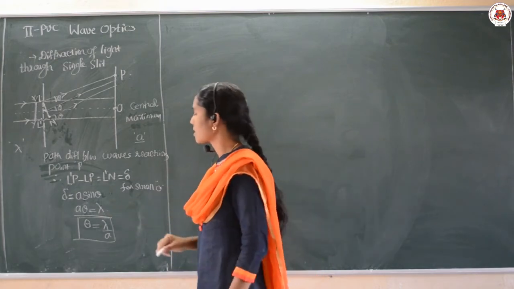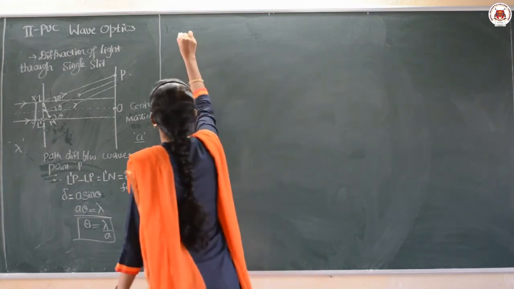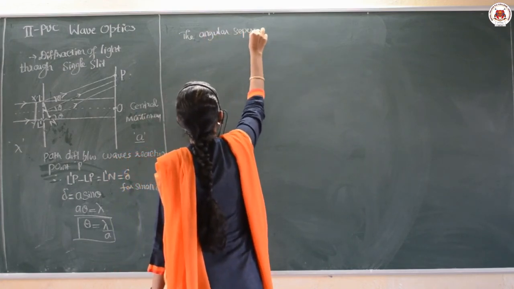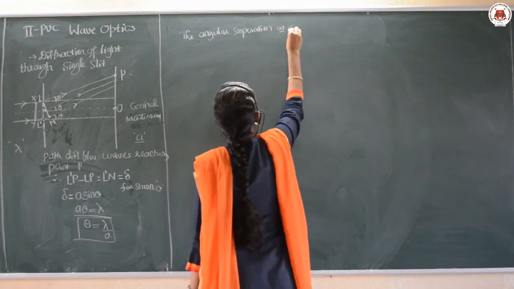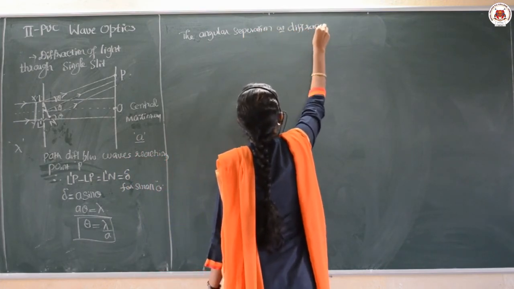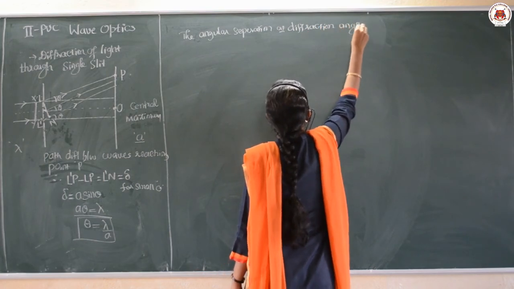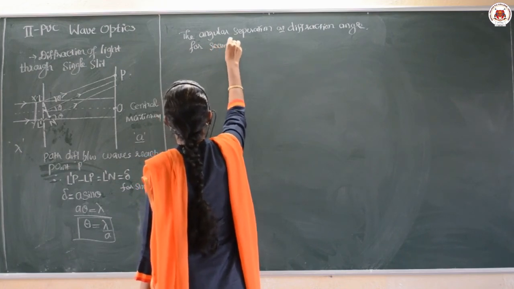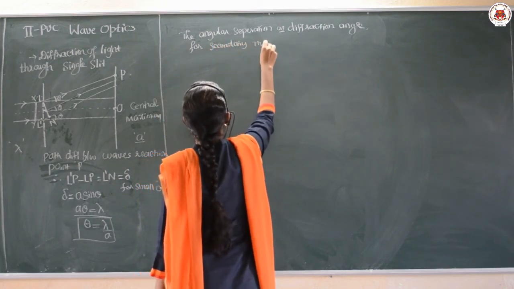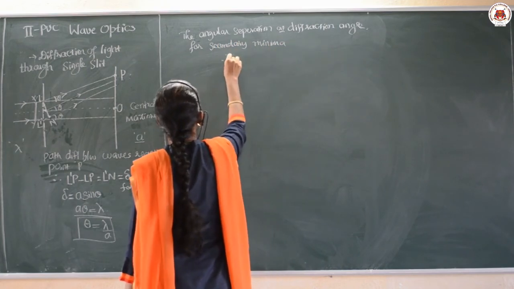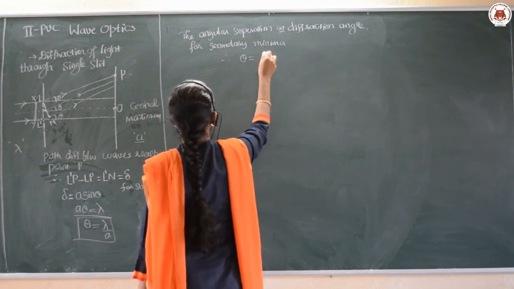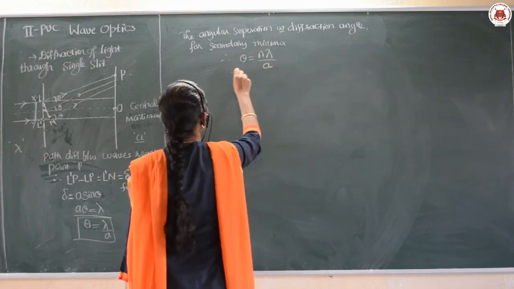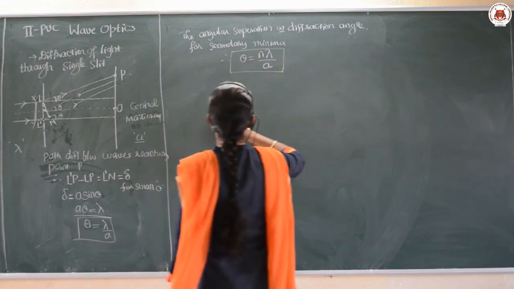Therefore, the general condition, by this I can write here, the angular separation or diffraction angle for secondary minima is given as theta is equal to n lambda by A. Remember, this is the condition for theta.